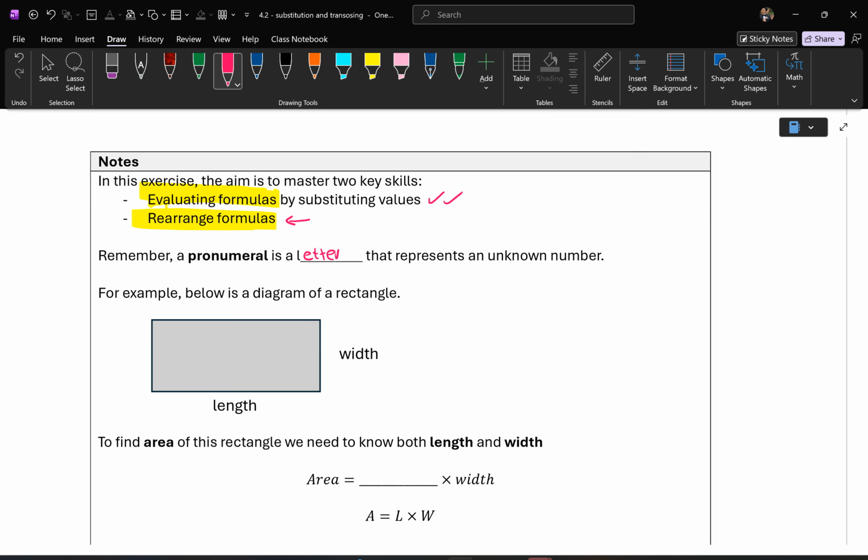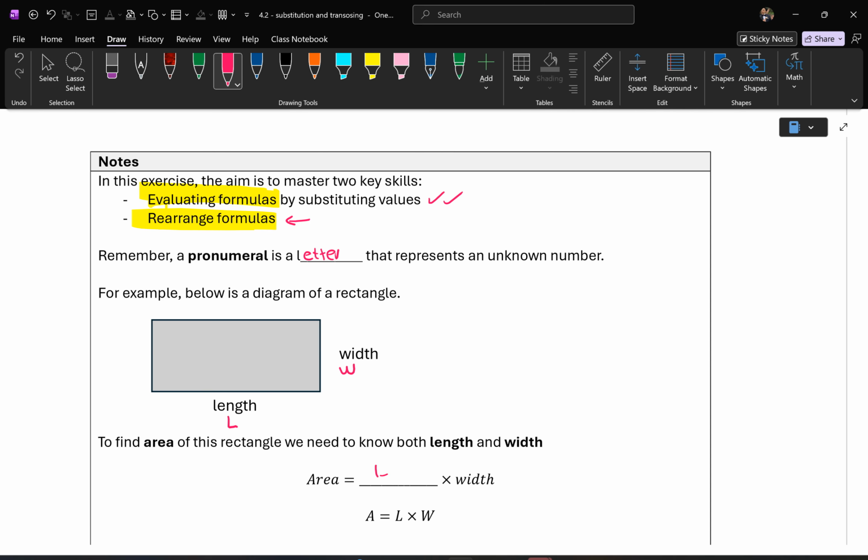But instead of writing the word length, because I don't know how long the length is, we may use the letter L. So that L represents the length, even though I don't know how long that length is yet. And we may use the letter W to represent the width, even though I don't know what it is. But I do know that the area for this rectangle, we normally say it's length times width.